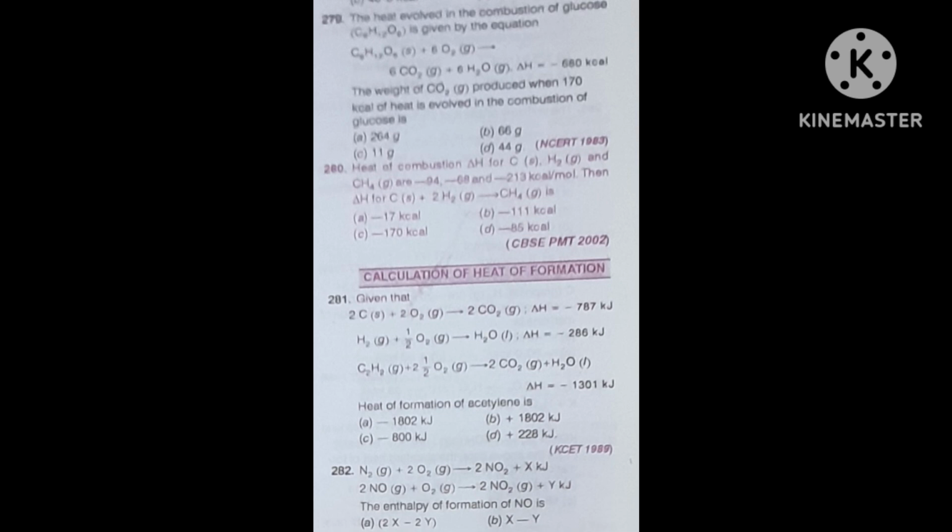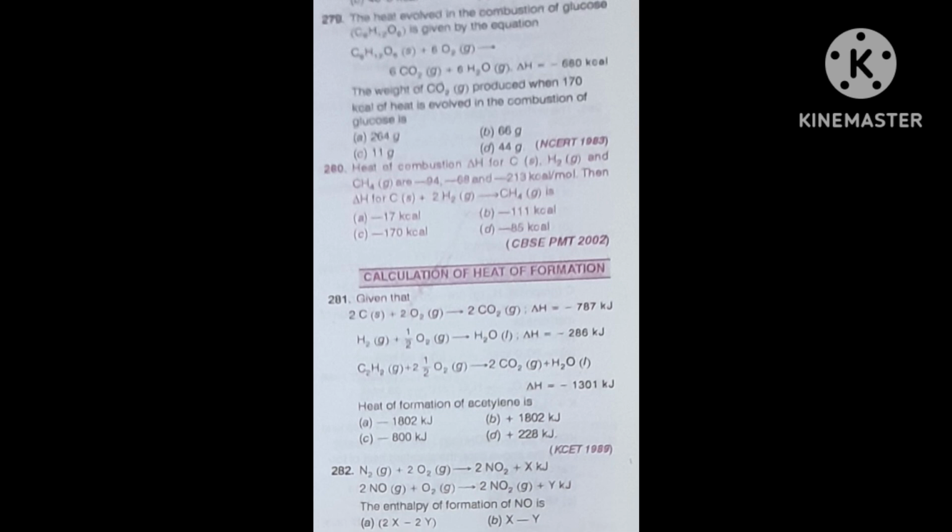ΔE is given as minus 780, and Δn value is minus 3 by 2. So in the place of plus Δn, you write minus 3 by 2 into RT. For RT you have to write 2 divided by 1000 into 300.